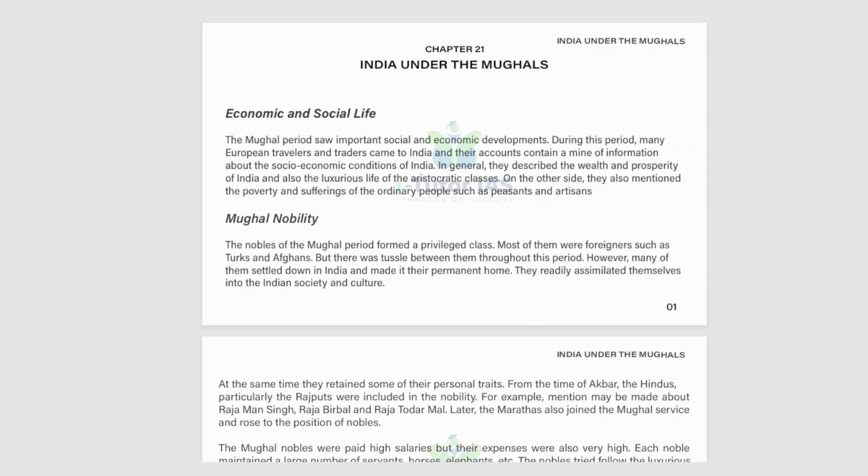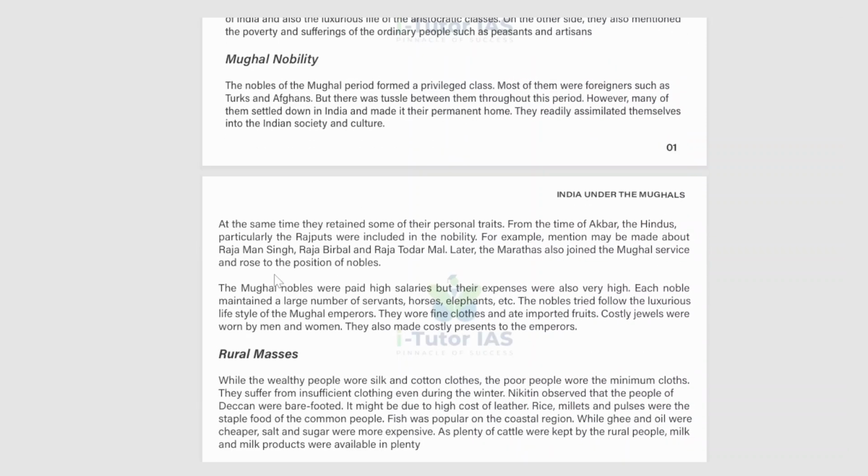So what about the Mughal nobility? The nobles of the Mughal period formed a privileged class. Most of them were foreigners, such as Turks and Afghans, and there was a tussle between them throughout this period. However, many of them settled down in India and made it their permanent home, and they readily assimilated into Indian society and culture.